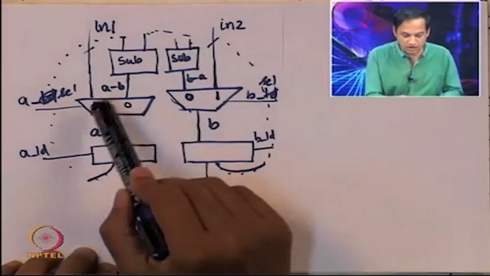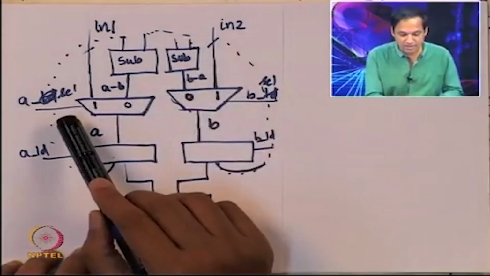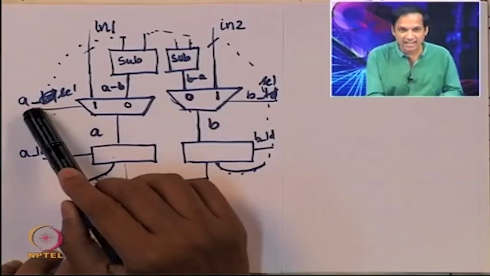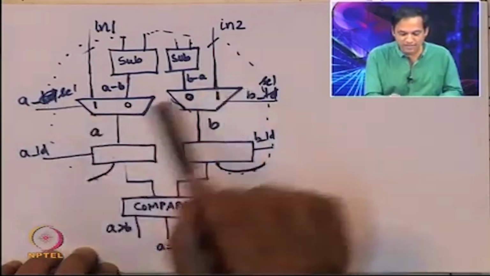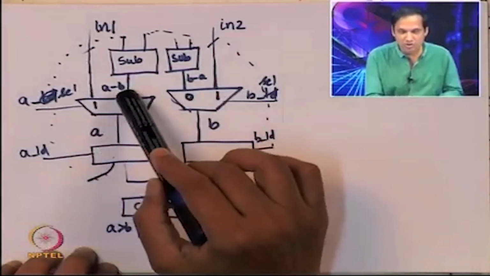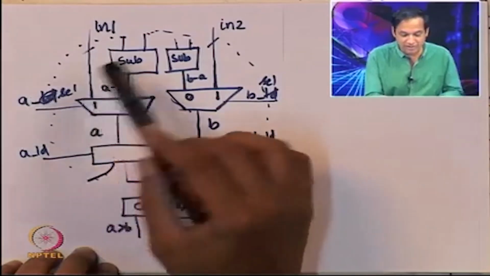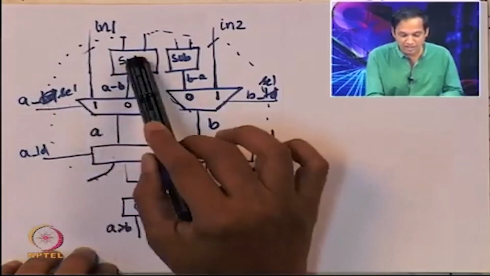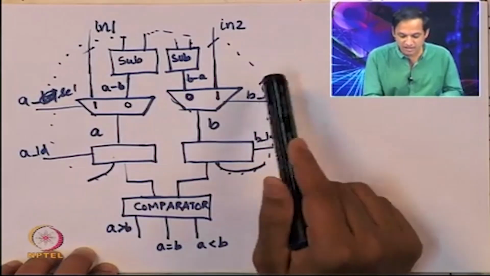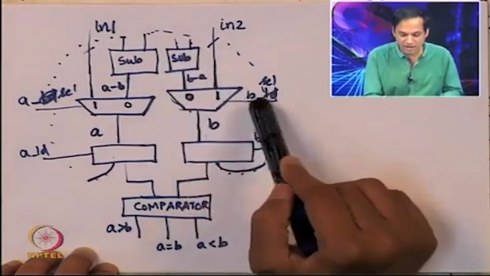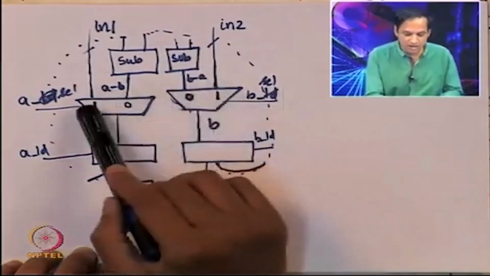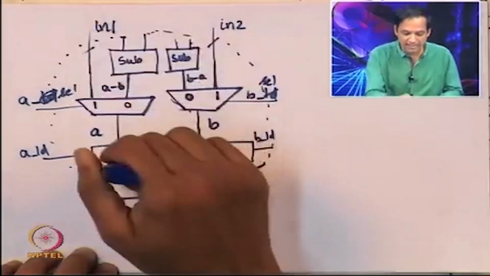Once that happens, we need to appropriately select one of these things, right? A select should first of all go to 0, so that it can start taking from the subtractor. B select should also take it from the subtractor, so it should also go to 0. It will remain at 1 only when you want to take the external input.